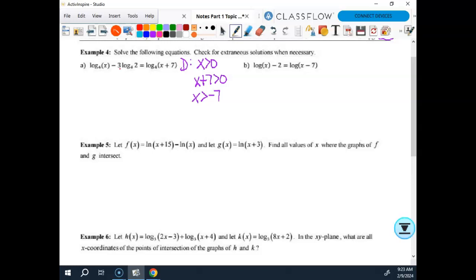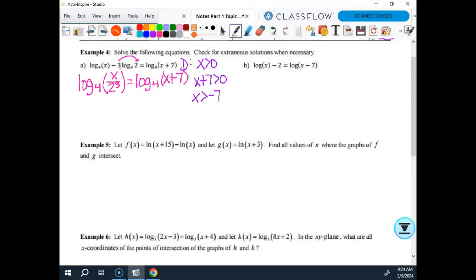What can I do with that 3? Convert it to an exponent. Just pop it up there, right? I can do that all in one step. That's fine, I just can't forget to do that. So I can do log base 4 of x over 2 to the 3rd power equals log base 4 of x plus 7.